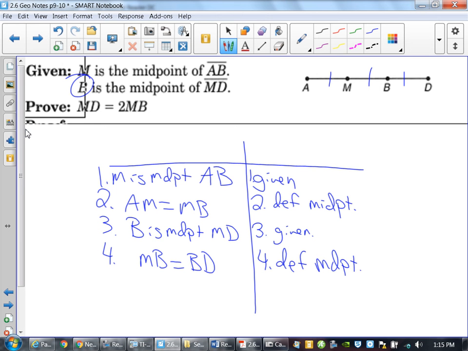So at this point, you've used up all of your givens, which means we have to now start to look at what we have to prove. Well, they want us to prove that MD is equal to twice the value of MB. Well, MD is here. According to our diagram, what is MD made up of?